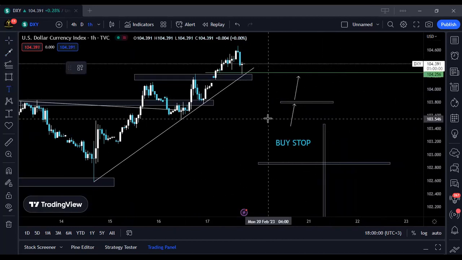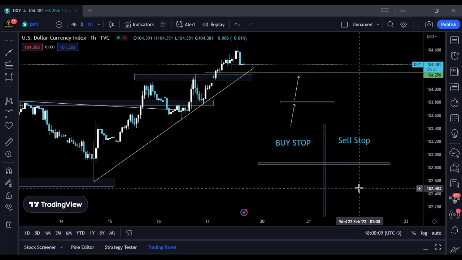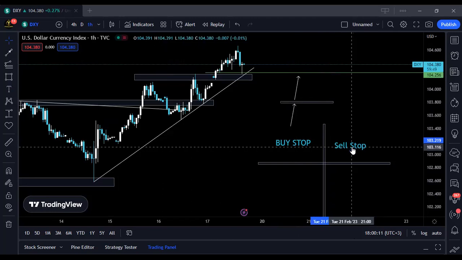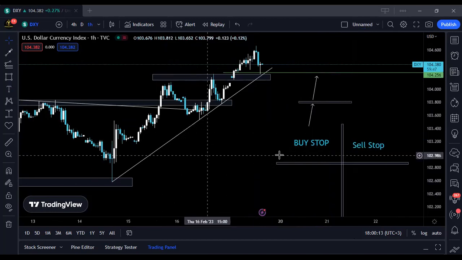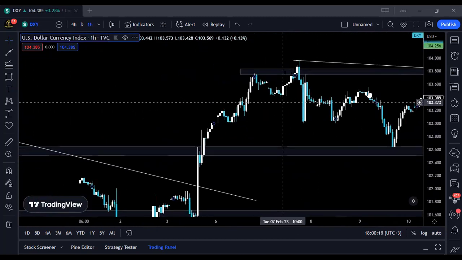Now we have a second order, which is a sell stop. A sell stop is typically the opposite of this. So for instance, now let's zoom back here maybe, to look for a bearish trend.